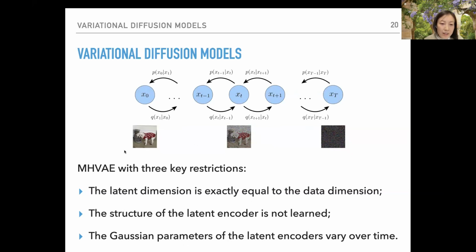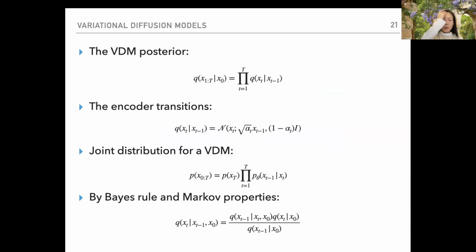And the third one is that the Gaussian parameters of the latent encoder vary over time. In such a way, the distribution of the latent at the final time step T is a standard Gaussian. So based on the first restriction, we can get the VDM posterior, and based on the second restriction, the encoder transition can be seen as a Gaussian distribution, and based on the third restriction, the joint distribution can be written like this.